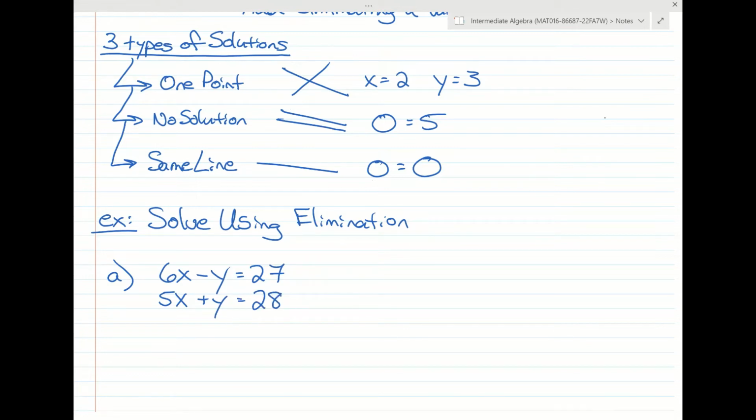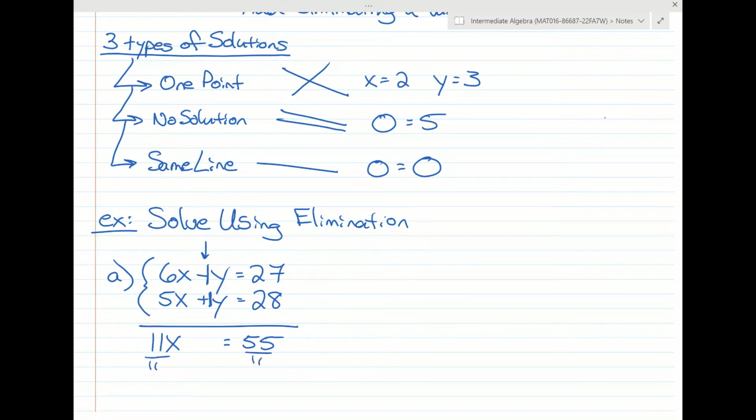To show that they're a system, we use this curly bracket on them. What we're looking for is the same number with opposite signs. If you look at the y's, this is positive 1y and this is negative 1y. That's exactly what we want. They're the same number, but obviously different signs. So if we add them together, you just get 11x, the y's cancel, and this is equal to 55.